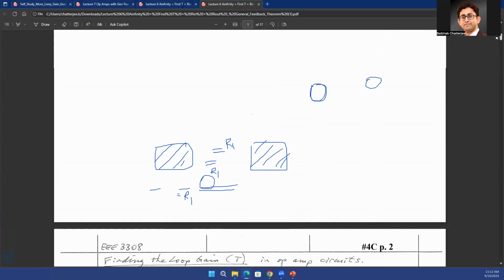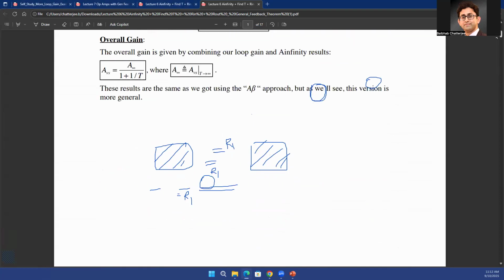So let me write that down here. Beta is going to be your R1 divided by R1 plus R2, if the op-amp were ideal. A is something that you already know. That's the op-amp's gain.